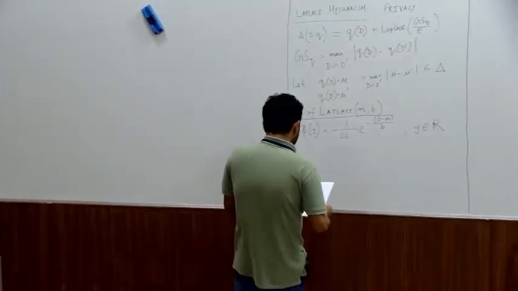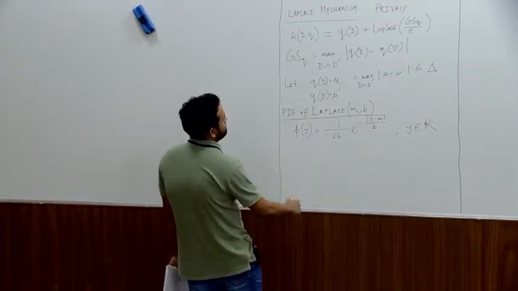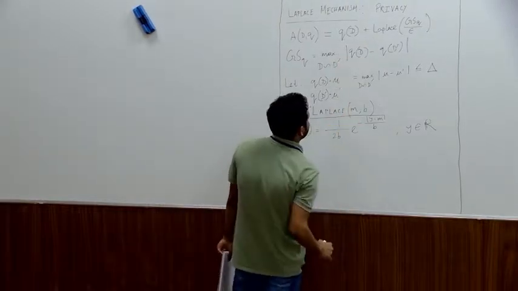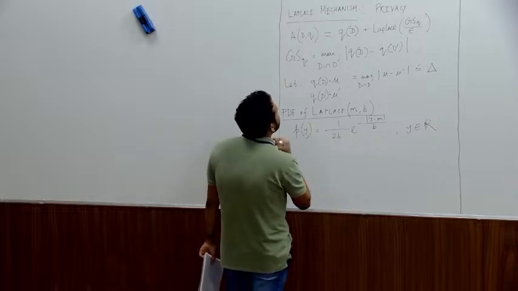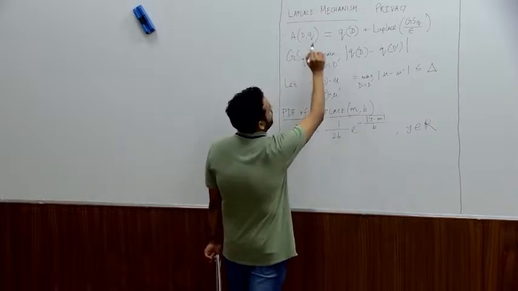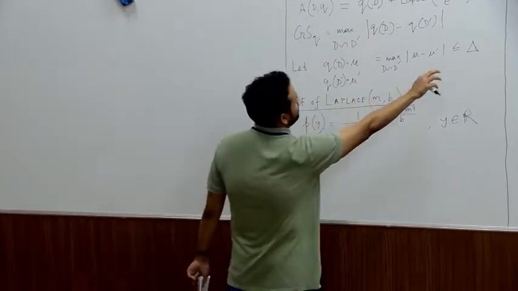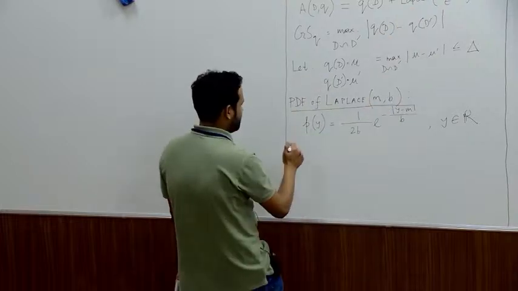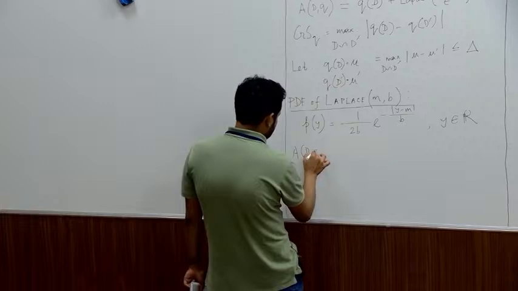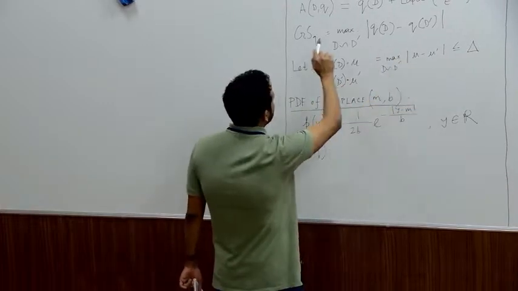What is our Laplace mechanism? Let me write it in terms of the upper bound delta. I am writing a modified version of the Laplace mechanism which uses the upper bound delta over the global sensitivity.